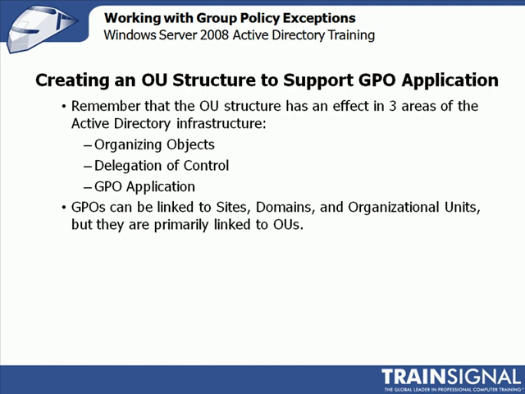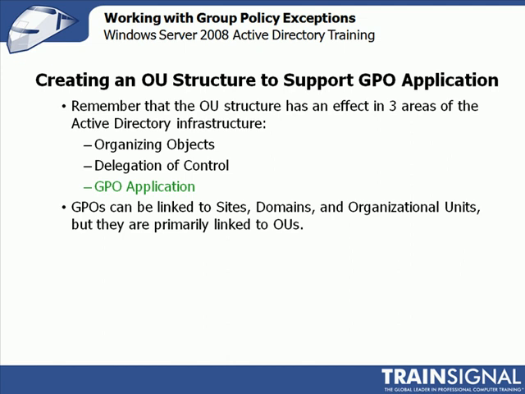But a second purpose to our OU structure is something called delegation of control. That's something that we're going to address down the road later on in this course. But in this lesson, we're going to address the third purpose for OUs, which is GPO application. Again, in the last lesson, I mentioned that GPOs can be linked to sites, domains, and organizational units, but they are primarily linked to organizational units.